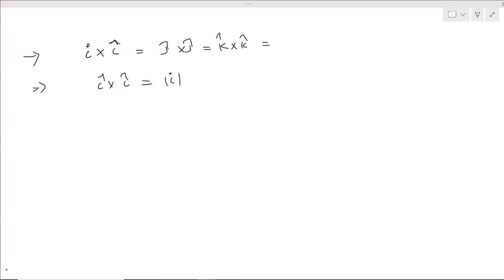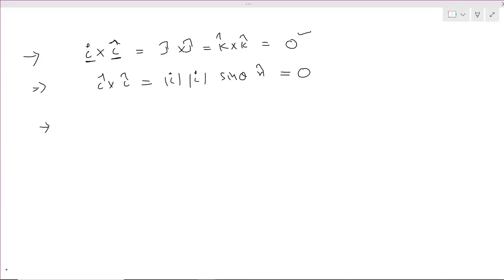Mod i sine theta n cap. What will you get? 0. Absolutely correct. So remember, if you do cross product with the same vectors, then the answer will always be a null vector. All right, and cross product gives you a vector.